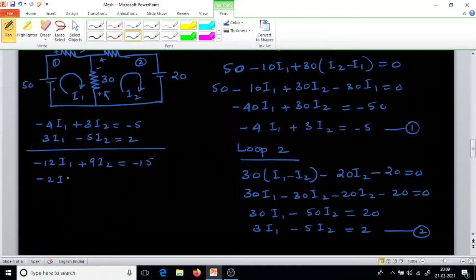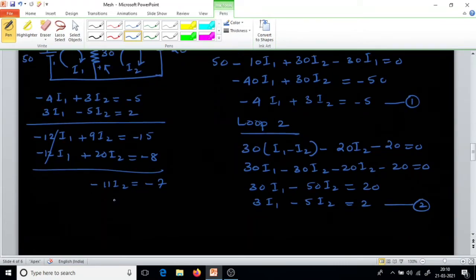Multiplying the second equation by 4, minus 12I1 plus 20I2 equals minus 8. Now if I subtract, the I1 terms will cancel. 9 minus 20, minus 11 I2 equals minus 15 minus of 8, so it will be minus 7.